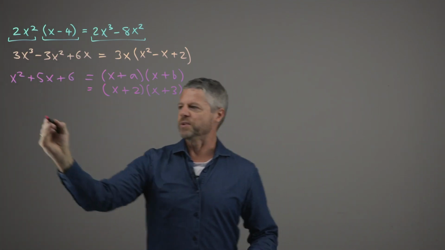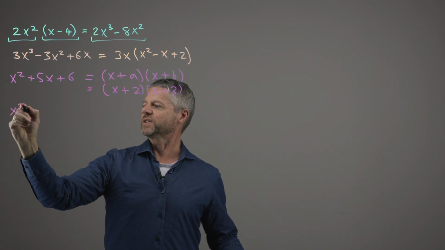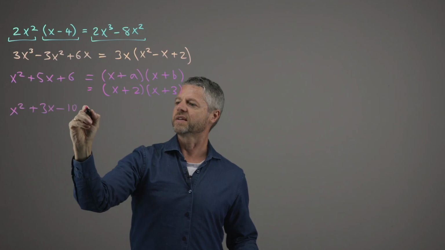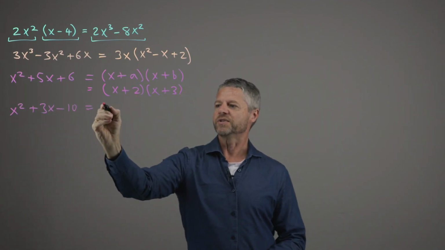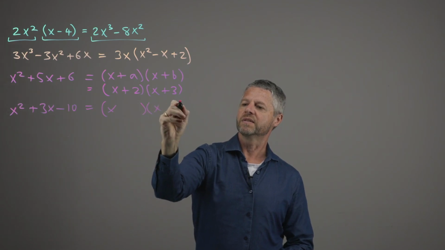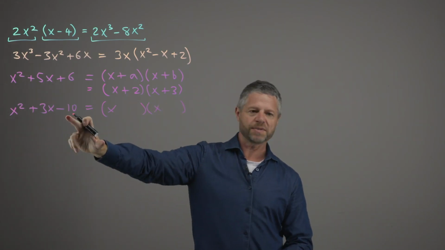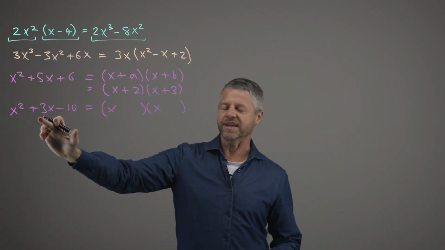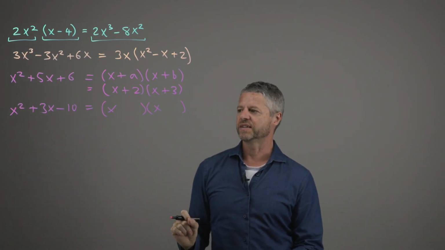Let's do another example: x squared plus 3x minus 10. Again, we're trying to find two numbers that, in this case, are going to multiply to give us minus 10 and add to give us plus 3.